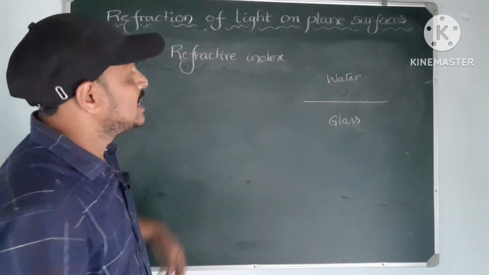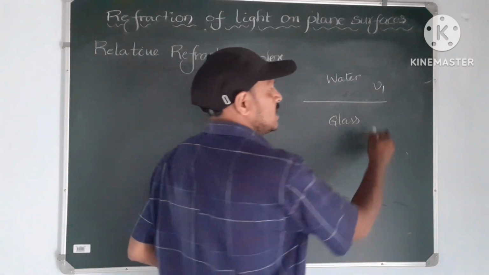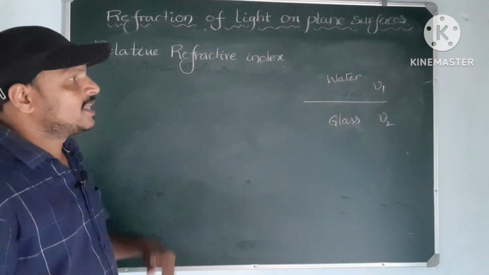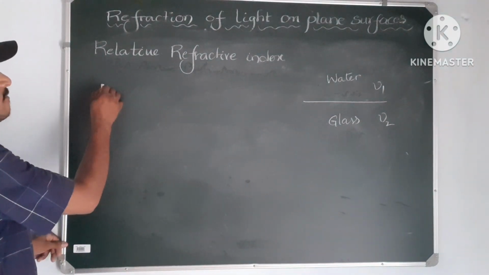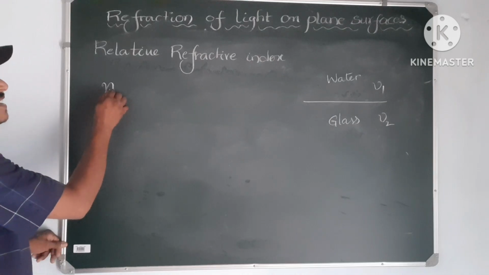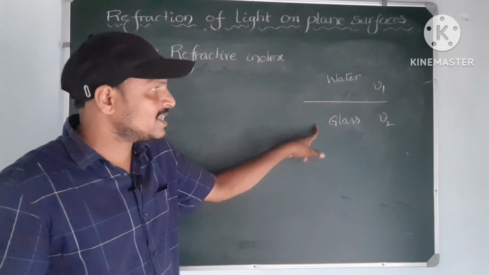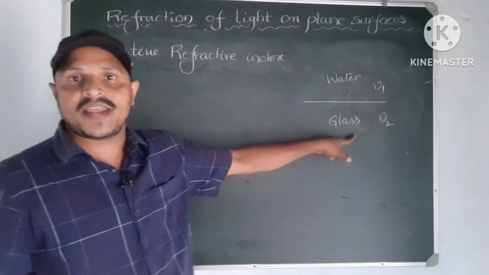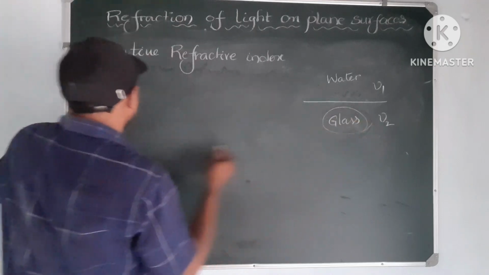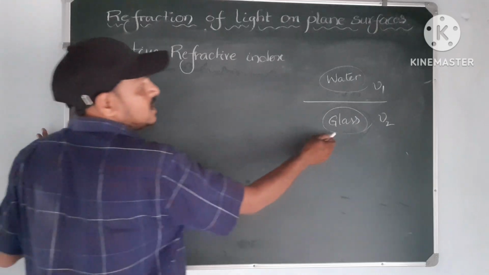So the speed of light in water is taken as v1 and the speed of light in glass is taken as v2. And the relative refractive index of the glass with respect to water. So the relative refractive index of the glass with respect to water, we can write, this is the second medium.